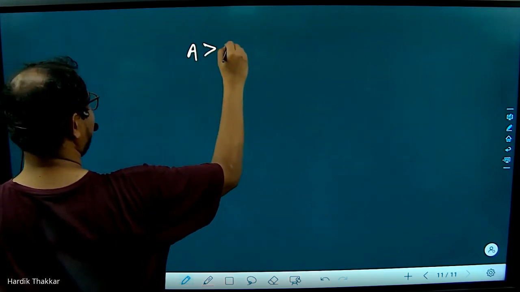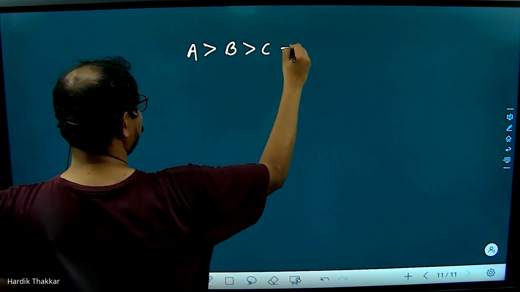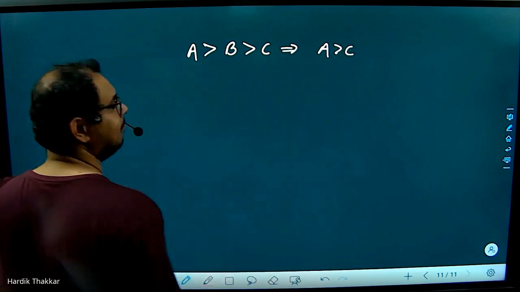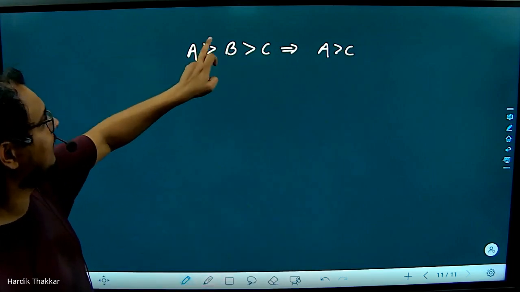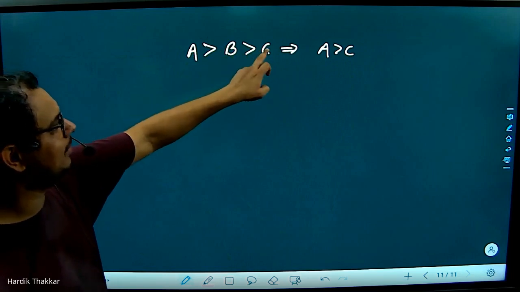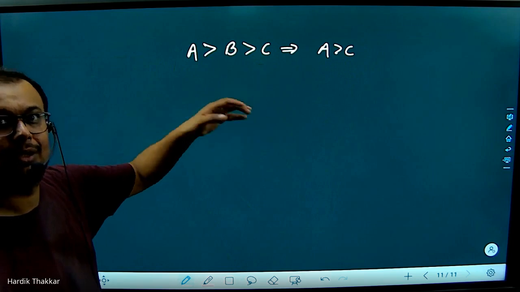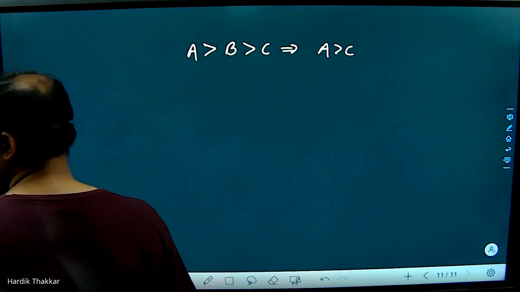So if a is greater than b and b is greater than c, then we can conclude that a is greater than c. It is simply like, if there are three persons, the first person is greater than the second and the second is greater than the third, then we can conclude that the first one is greater than the third.